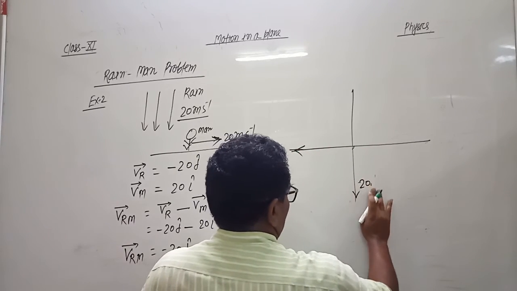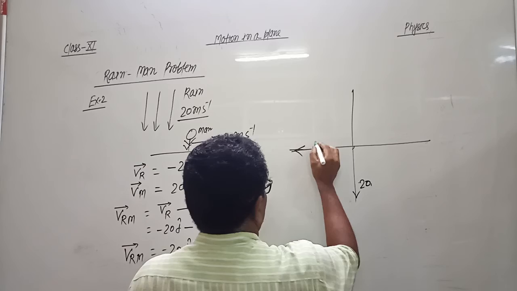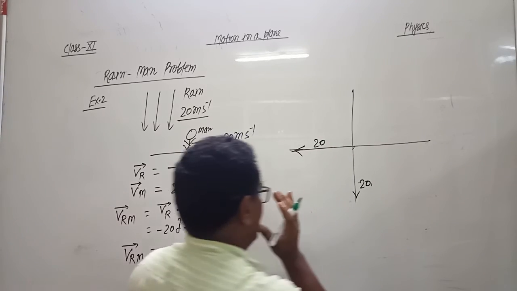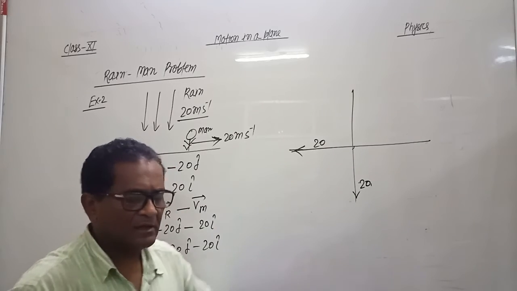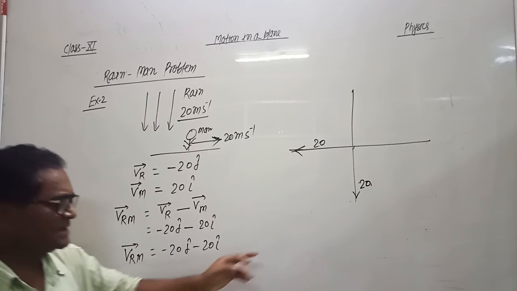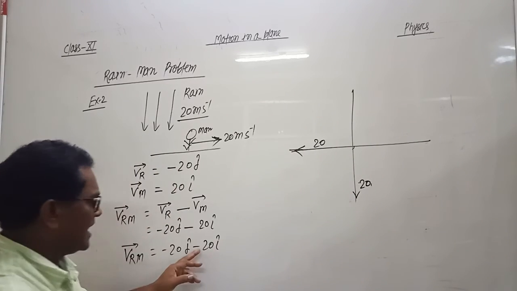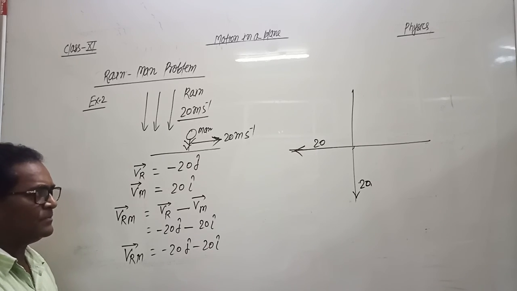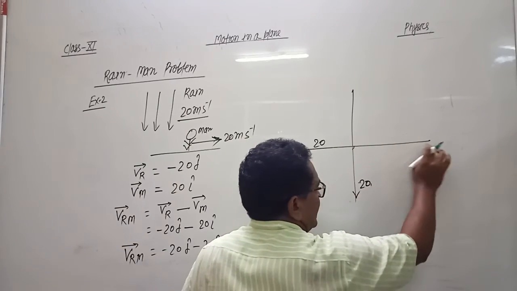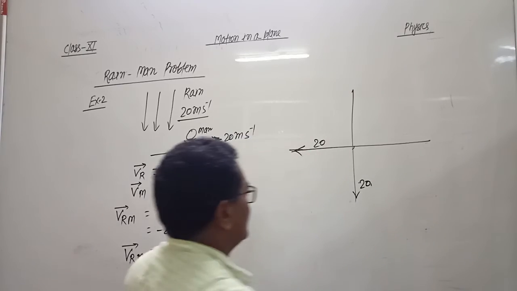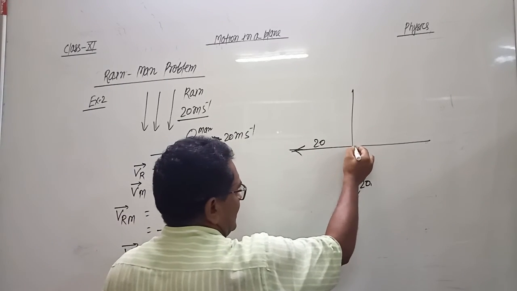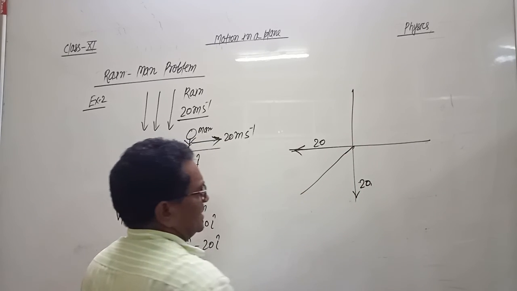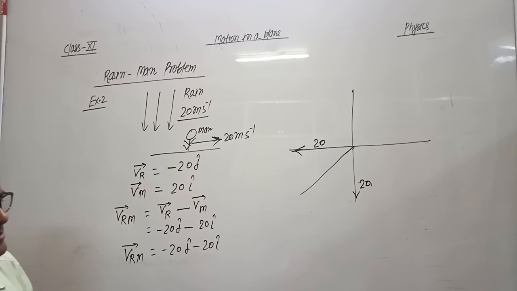We are interested in magnitude, which is also 20. And there, this is the resultant.